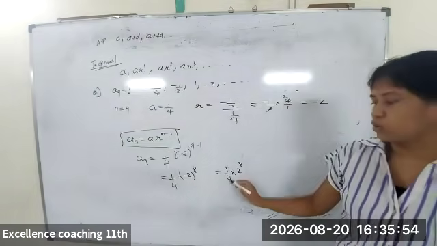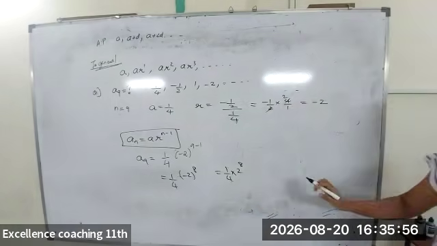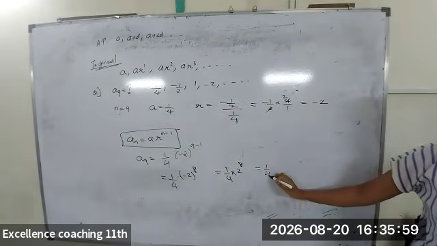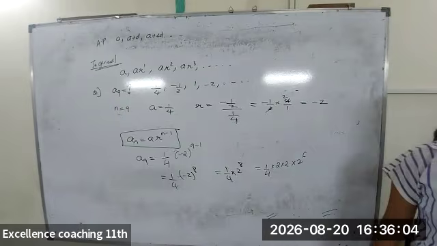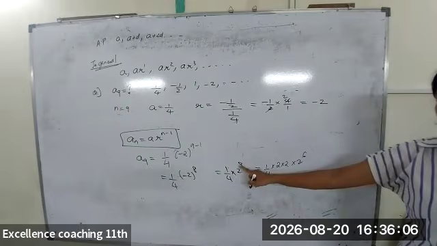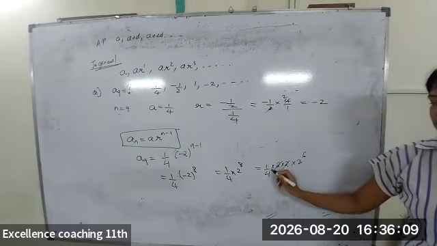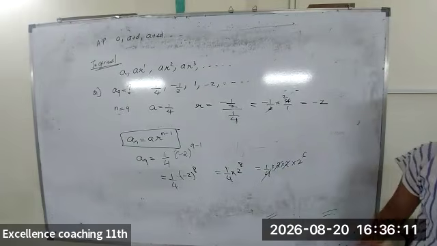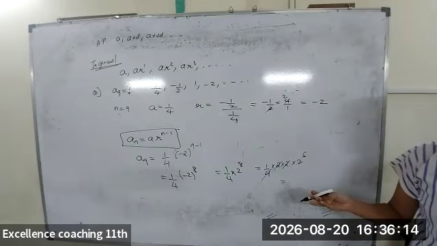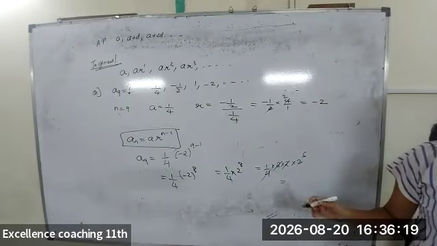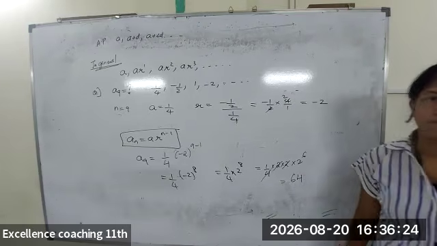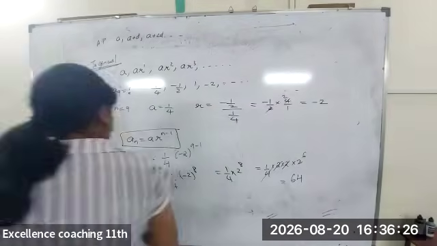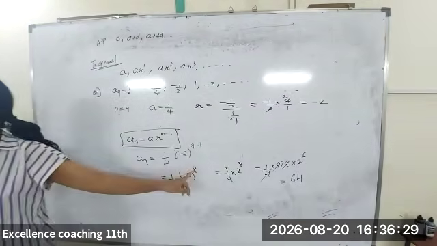You cannot simply cancel 2 with 4 over here first. Or I can split it like this also. Out of 8, 2 I am keeping out to cancel with this fellow, and then you can make 2 raised to 6. 2, 4, 8, 16, 32, 64. 2 raised to 8, what happened?